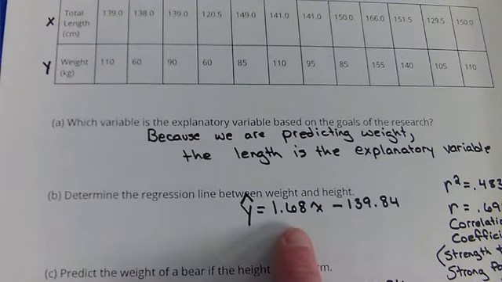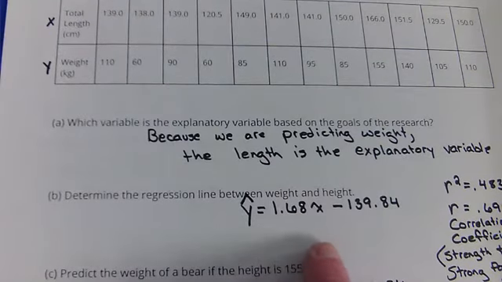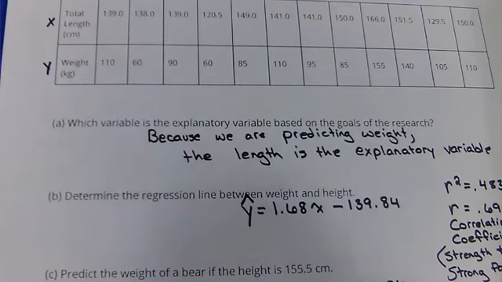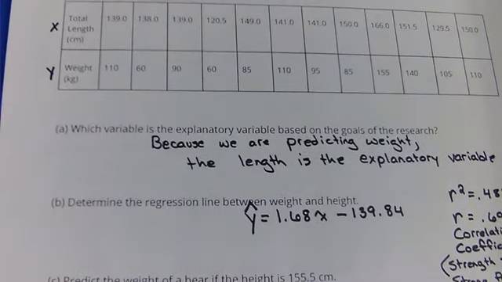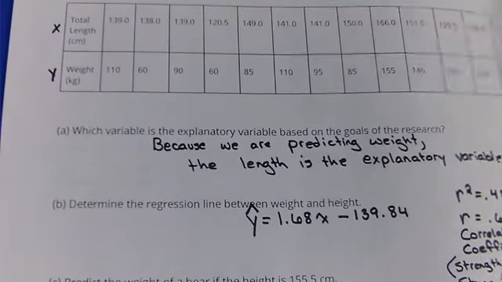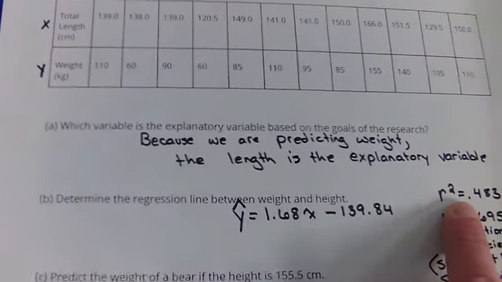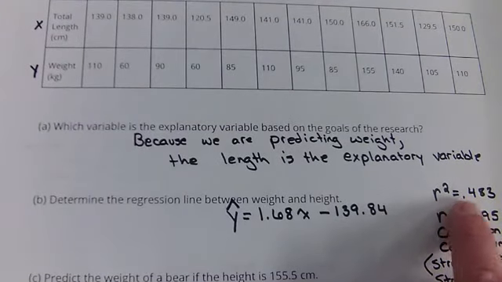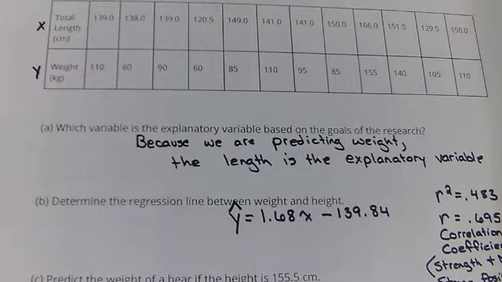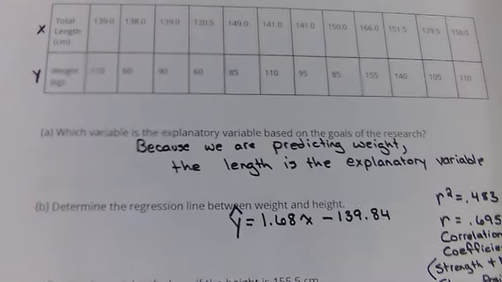It would mean if the bear is 0 centimeters long, it weighs negative 139. So the Y-intercept would not be a reasonable interpretation. Just kind of reviewing that. We're going to be talking about R squared in a little bit here, so we'll be coming back to that.